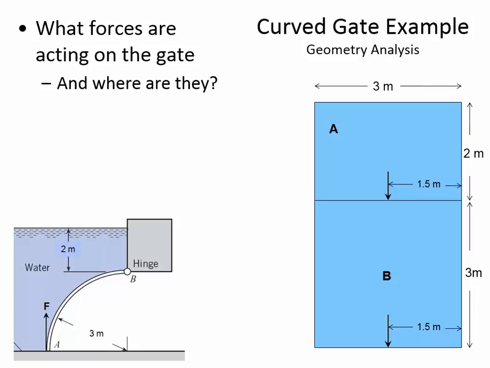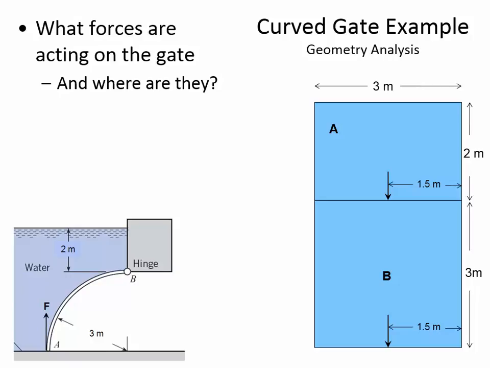You can do the quarter circle, right? But what's left over when you subtract a quarter circle from a rectangle? Anybody know the name of that shape? I think it has a name. I don't know it. But we can derive on our own the area of this piece and the location of the force through a little bit of basic analysis.